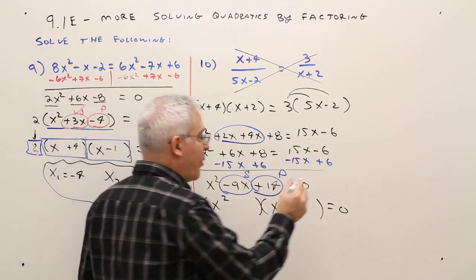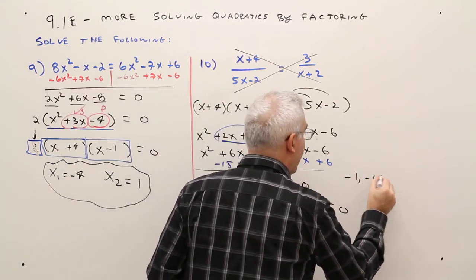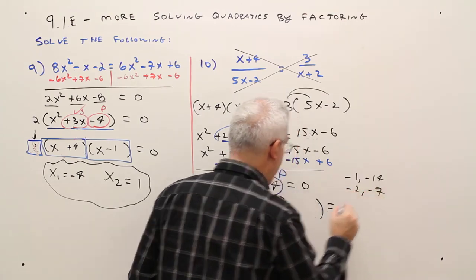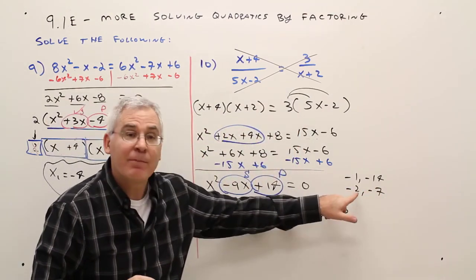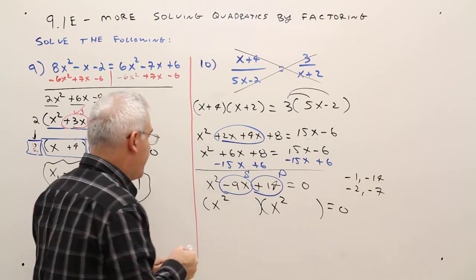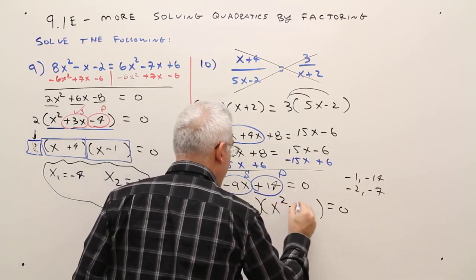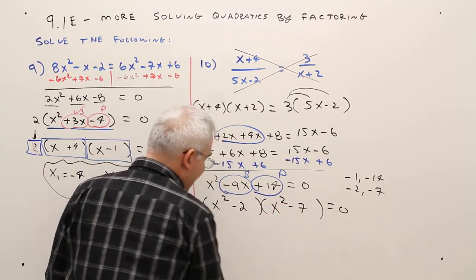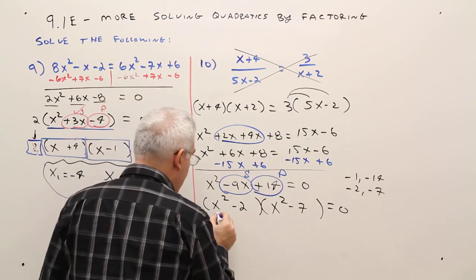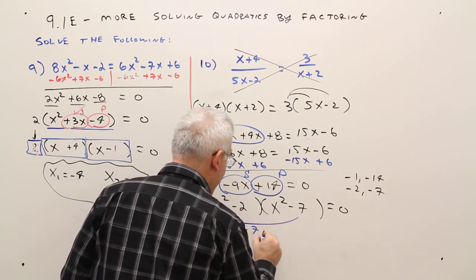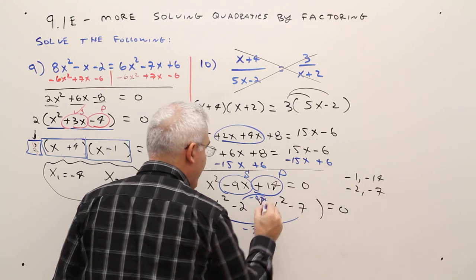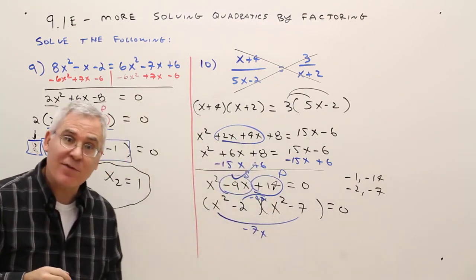So just really quick, -1 and -14, or -2 and -7. -2 and -7. So -2, -7. We could do our OI check. -7x, -2x, sums -9x.